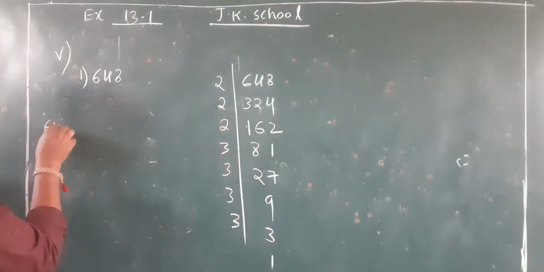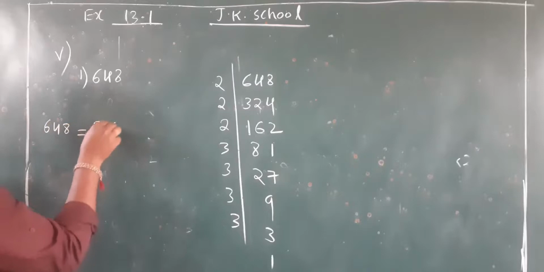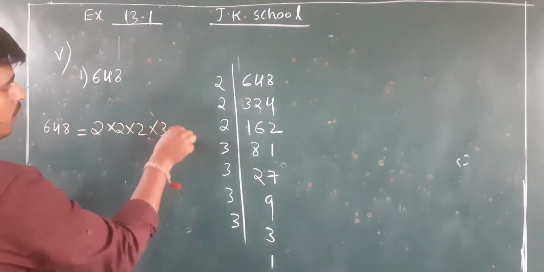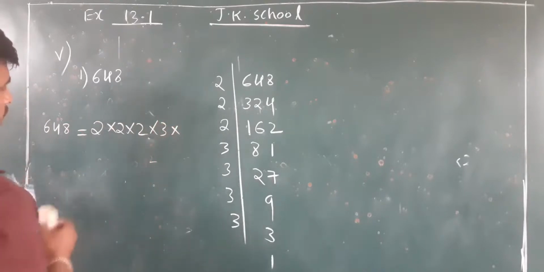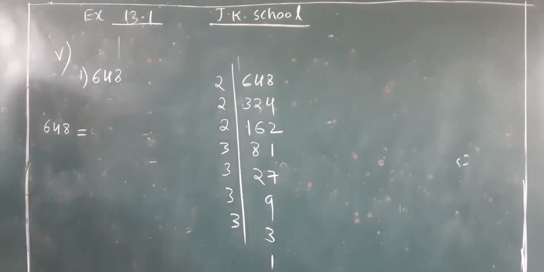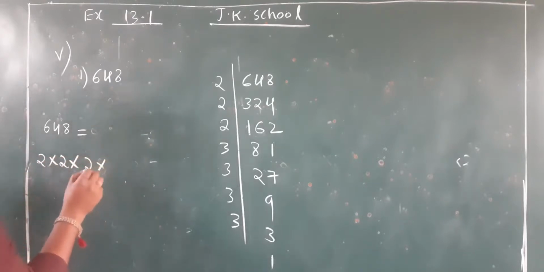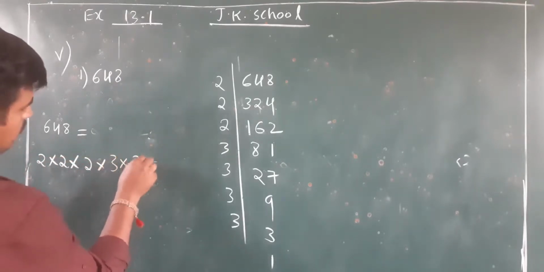So 648 can be written as 2 into 2 into 2, and 3 four times.